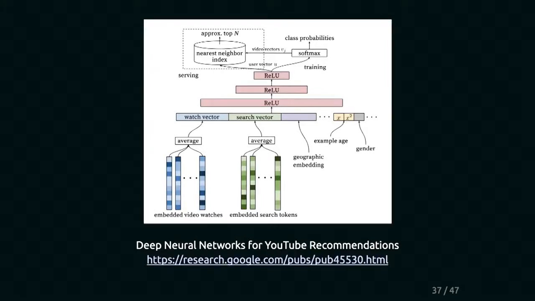You take also the embedding of all the keywords that you typed in the search engine of YouTube. You add additional metadata like the geographic location, the age, the gender of the person, and you feed that to a feed-forward neural net. And the last layer of that neural net will basically compute a nonlinear embedding of the user at a given moment in time, in a given context.